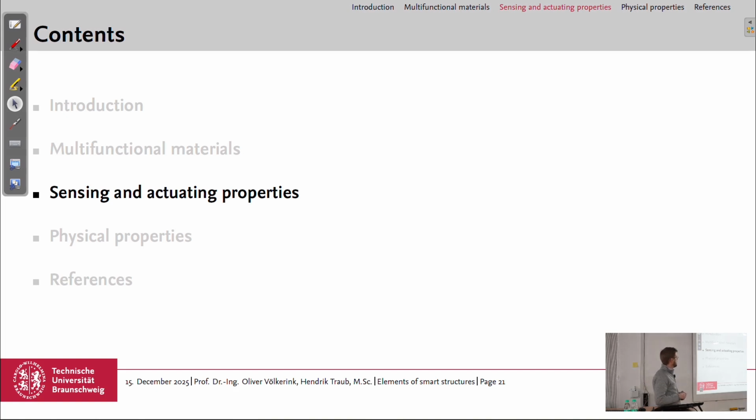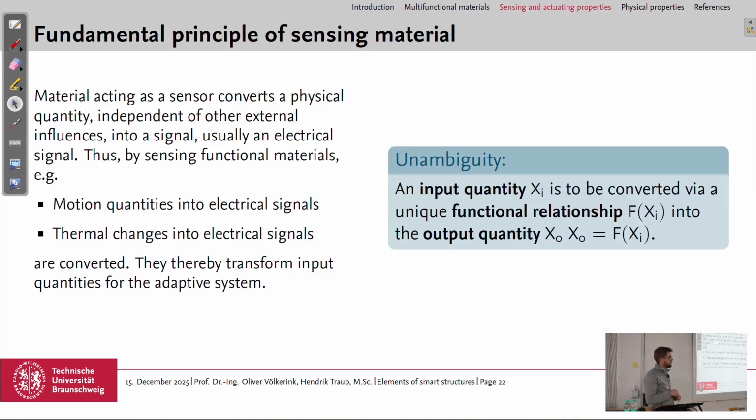So coming now to the sensing and actuating properties, to the fundamental principles. If a material acts as a sensor, it should convert a physical quantity, independent of other external influences, into a signal, usually an electrical signal.